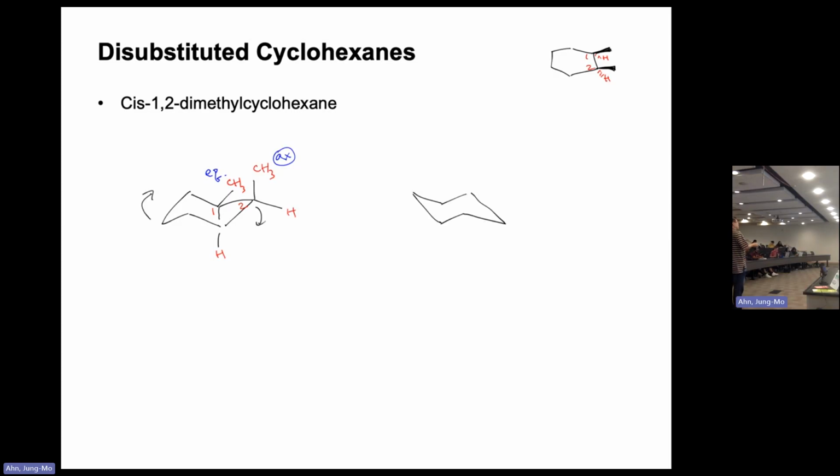This corner goes up, the other corner goes down, then you get the other chair conformation. Again, this is carbon number 1, that's carbon number 2, but things don't change. Something that stays in the upper position has to stay in the upper position compared to the other one. So we just converted the chair by interconversion. We didn't break the isomer.